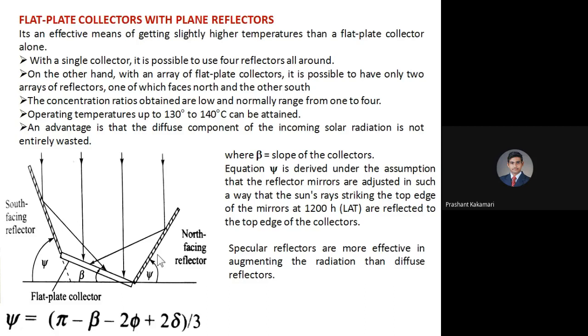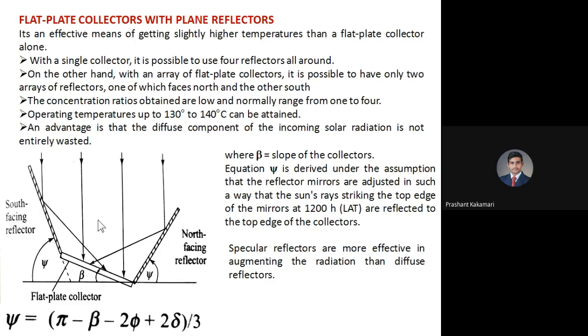If you take only one collector, you could put reflector plates on all four sides. But with reflectors on the east and west sides, the time available for absorbing solar radiation will be very less because the shading effect will be more.